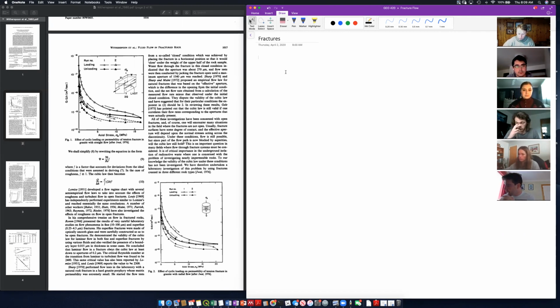So the basic problem is that when we look at a fractured media, so let's draw a square of fractured media here.